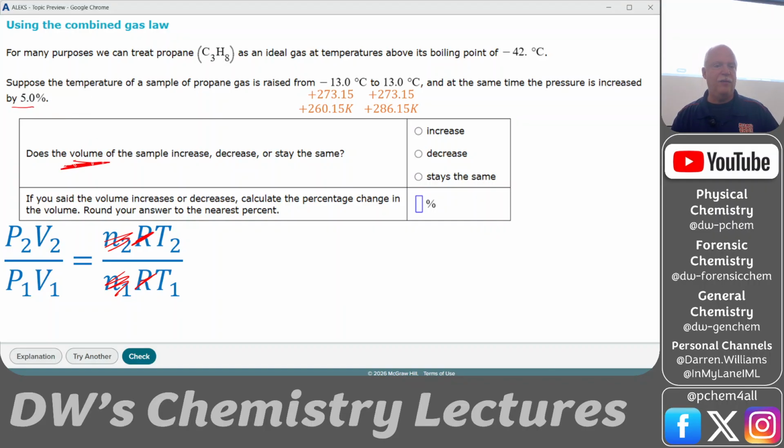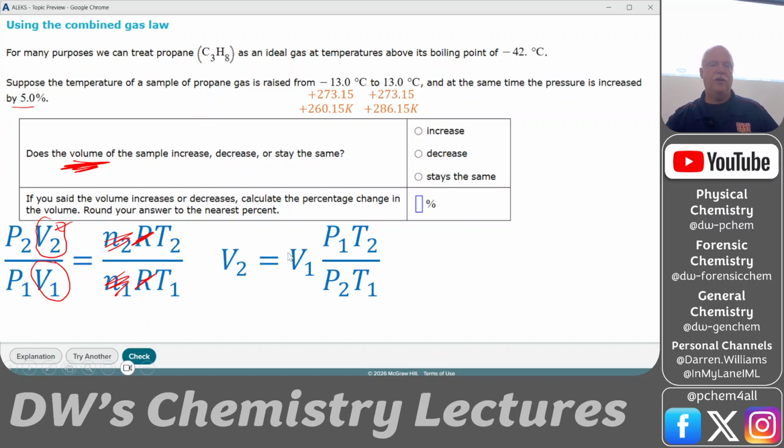Does the volume of the sample increase or decrease? And so we've got to look at the volume. So this is what we want to know, the volume relative to volume 1, okay? And we've got a change in pressure and a change in temperature. So those are our three variables, and we're going to solve for this volume 2. So moving things around, notice V1 went over to the other side on top. Everybody follow that step.